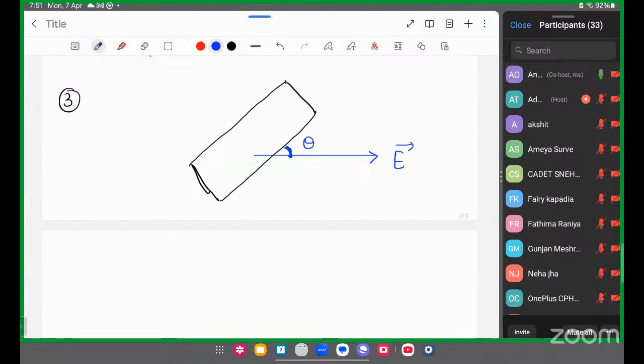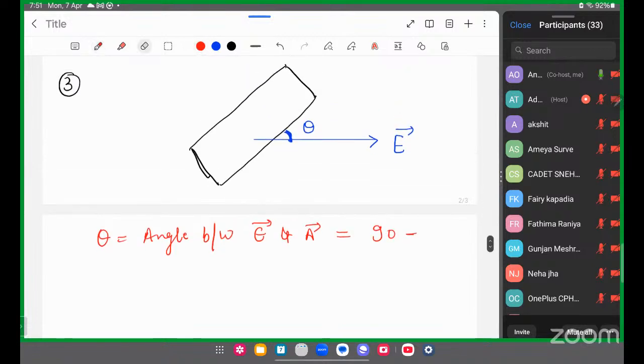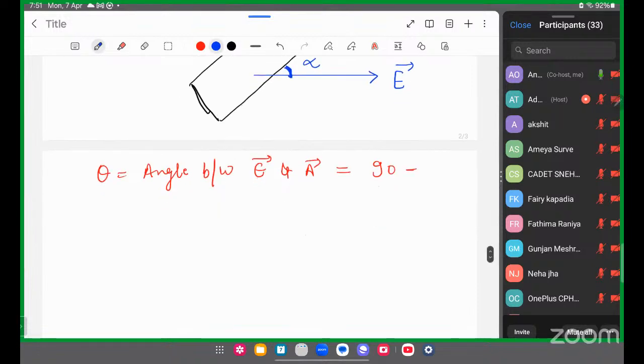So what will be the angle between area vector and electric field in this case? If you are interested in theta, that is the angle between electric field E and surface area A, this angle will be 90 minus alpha. Let me write alpha in place of theta. Alpha is the angle between electric field and surface, and I want to know the angle between electric field and area vector.